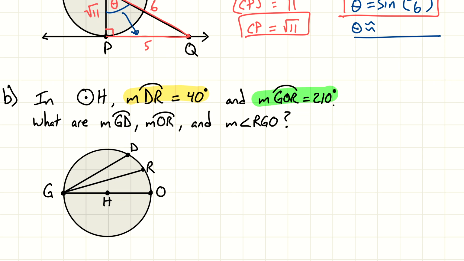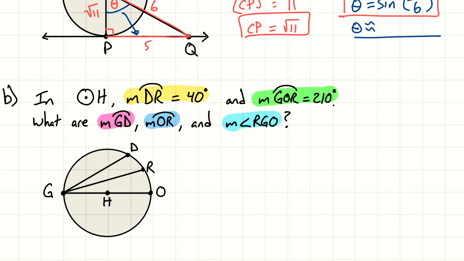And we're looking for a few things. So GD, OR, and let's do RGO. All right, so those are the measurements we're looking for.